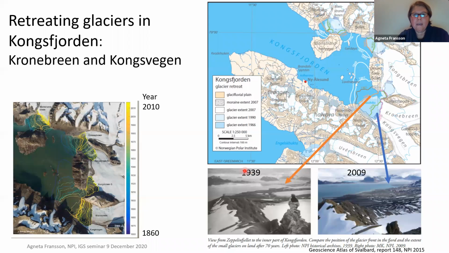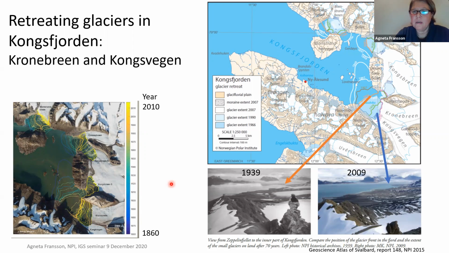And continuing with Kronebreen and Kongsvegen, they have retreated, and this is scaled from 1860 with the blue lines going to now, 2010 or so, the yellow. It has retreated over a large area for both glaciers.